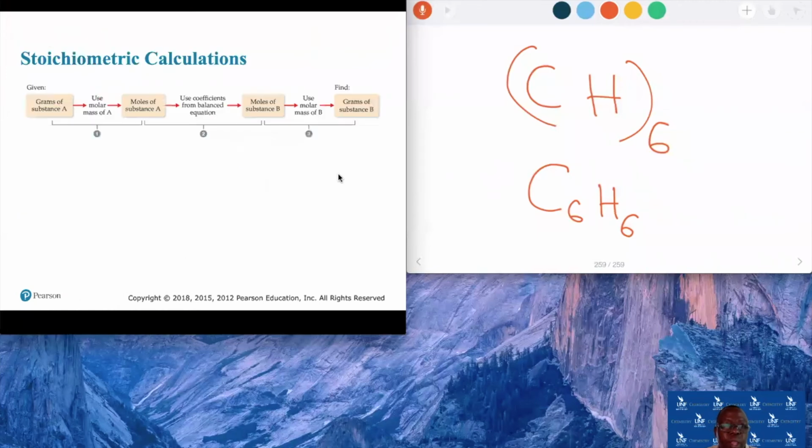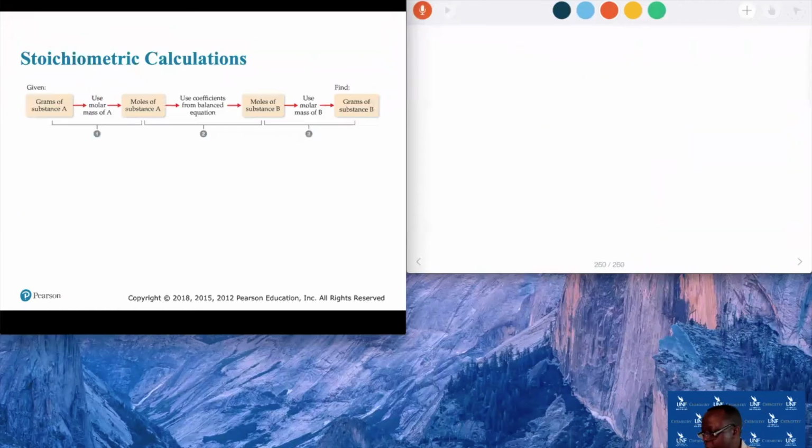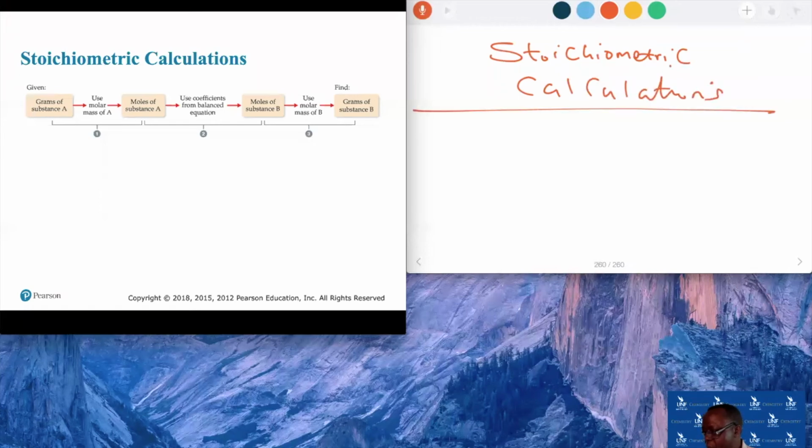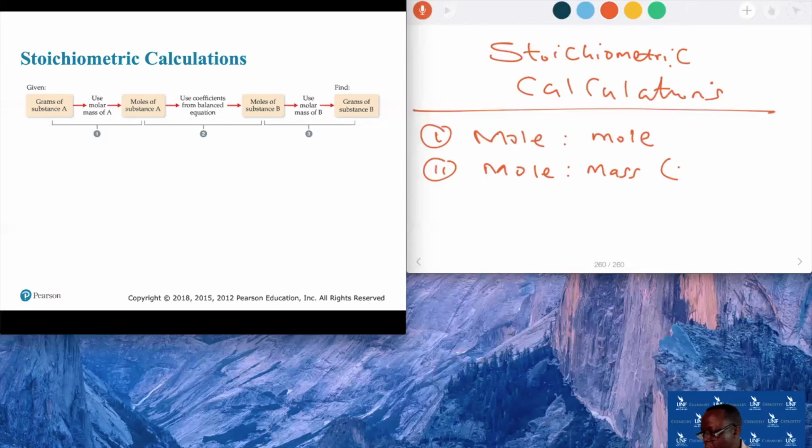And there are several stoichiometric calculations, which I can break down.